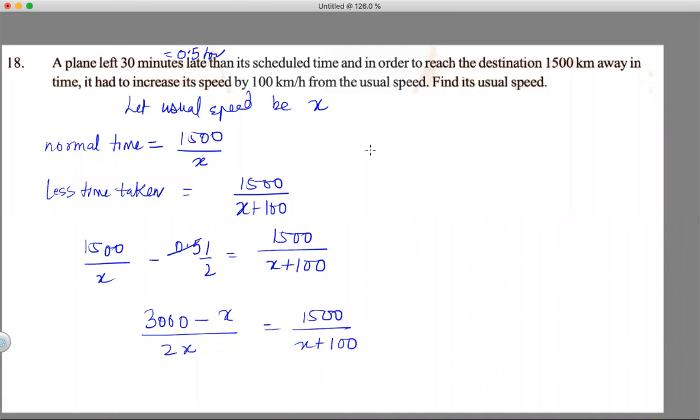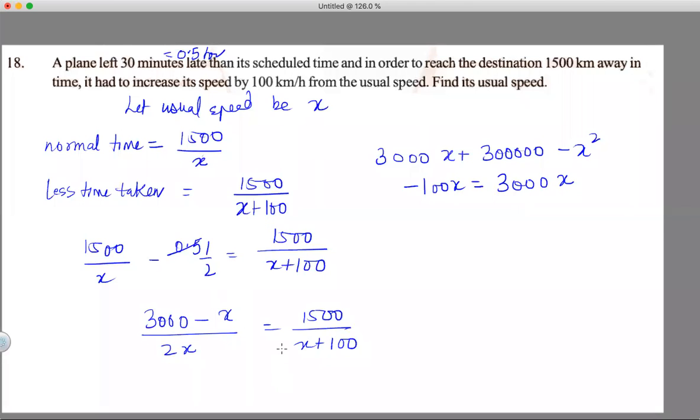Okay, so this will become, I can't do any simplification. Okay, so 3000 x plus 3 lakh minus, sorry, x square. No, just a second. Minus x square minus 100x, right? It's equal to 3000.